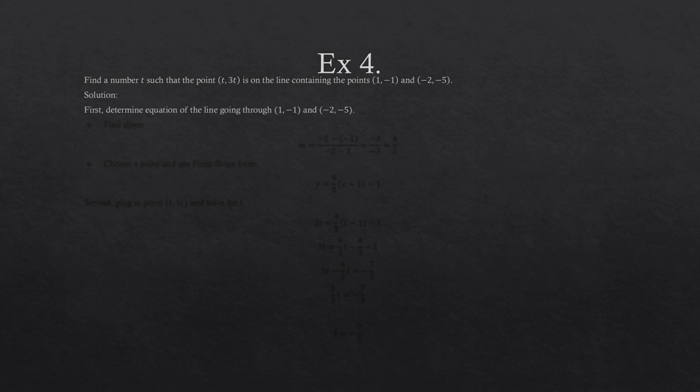Okay, so our first step is to determine the equation of the line that's going through those 2 points that are given. So to do that, we're going to find the slope using our slope equation. So that's as simple as plugging -5 in for y2 and -1 in for y1.